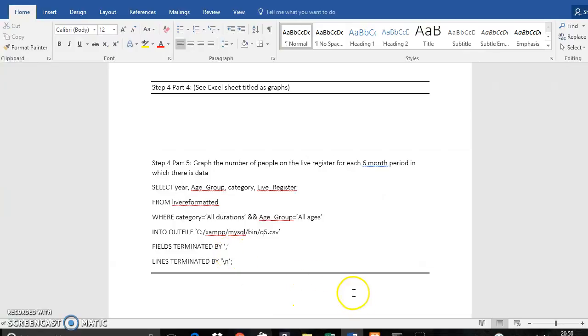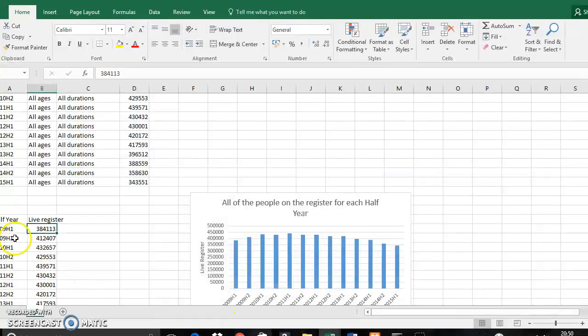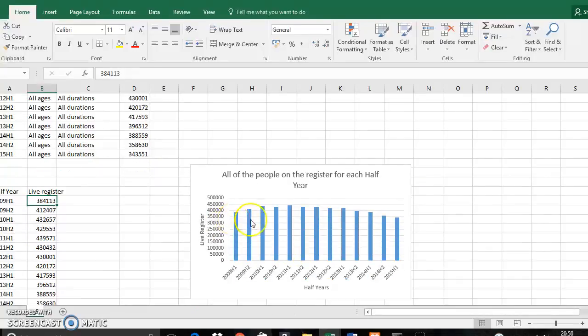And this is a query that I've used. As you can notice here, from about 2013 half year 1, the people on the live register are starting to slowly drop. It's kind of a curve. It goes up, then it begins to slowly drop again.